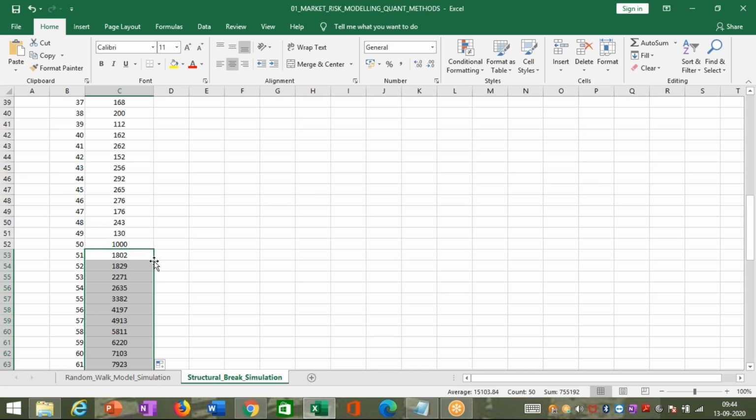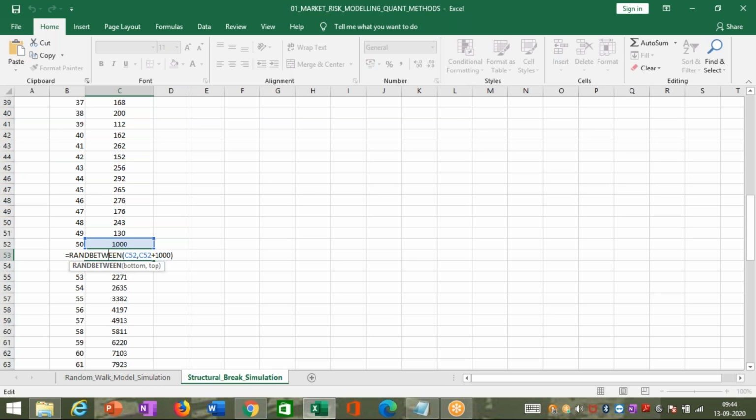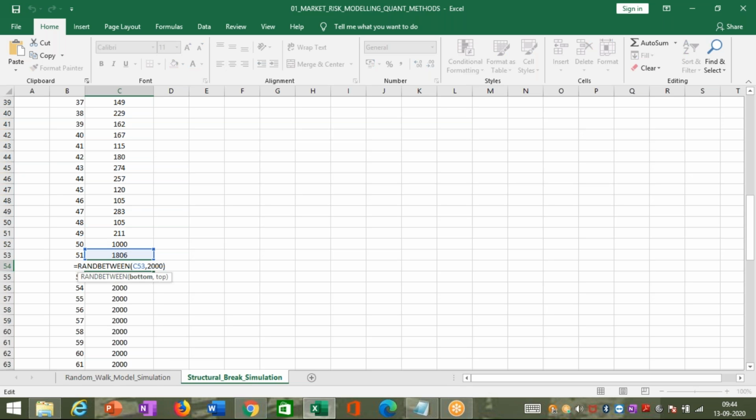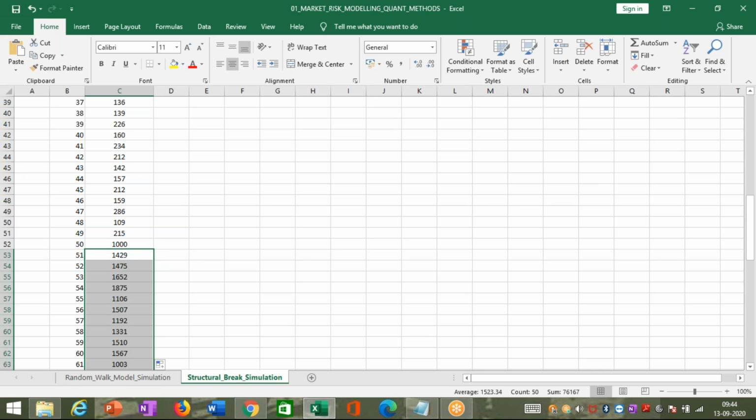Now from here onwards till the last. But the first, so this is the point of jump, and I'll fix it at 1000, and then you have the different one. Let me put it at 1000. Okay.